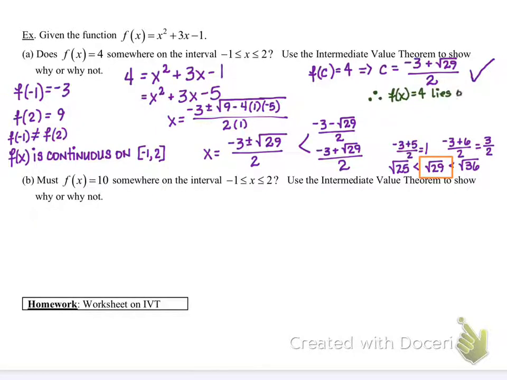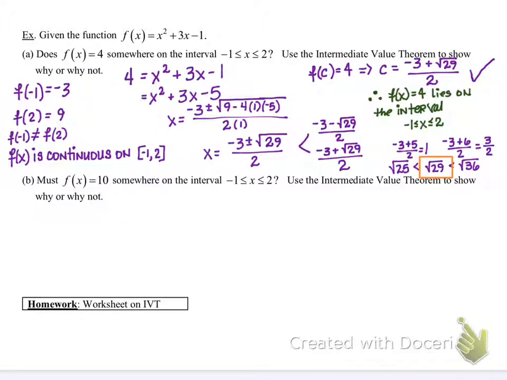Sorry, I keep having to zoom in and out. On the interval -1 is less than or equal to x is less than or equal to 2.